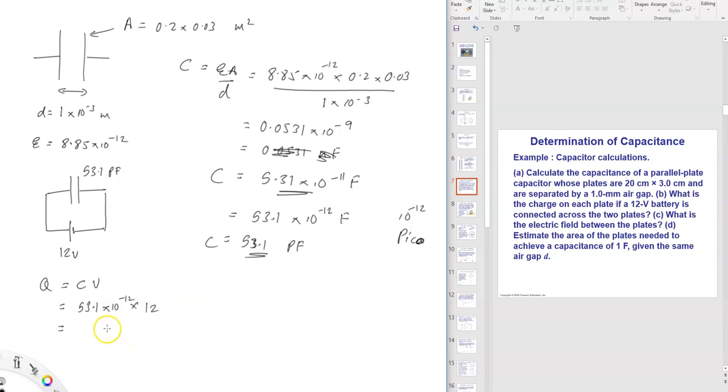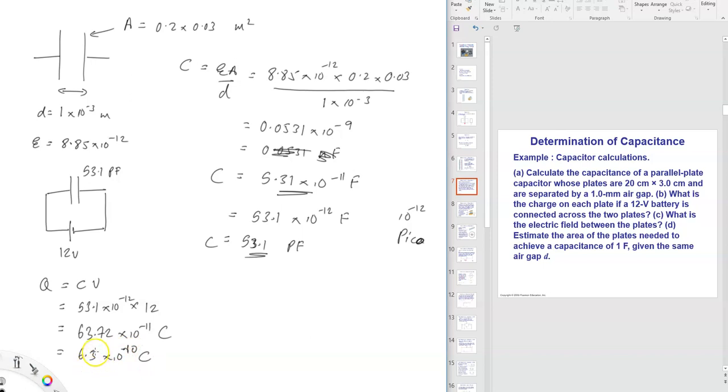So I have 63.72 times 10 to the negative 11 coulombs. Yeah, this is what I have. 6.3 times 10 to the negative 10 coulombs.